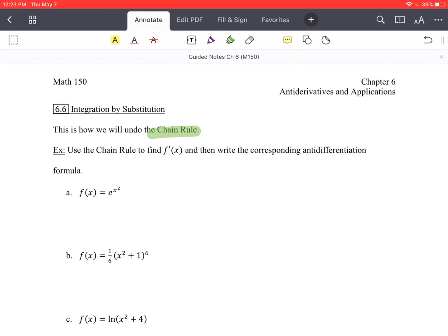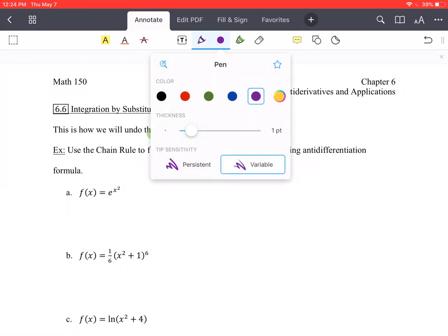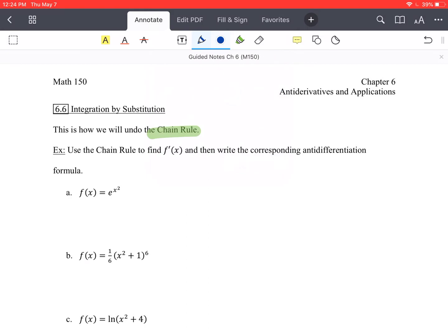Use the chain rule to find f prime of x, and then write the corresponding anti-differentiation formula. For this first one, we have f of x equals e to the x squared.